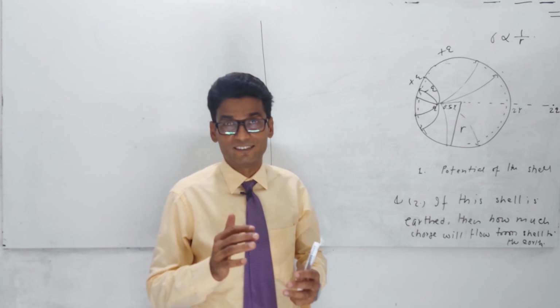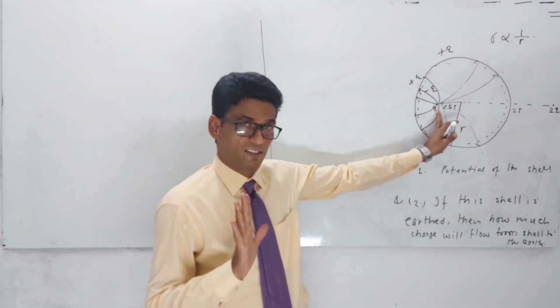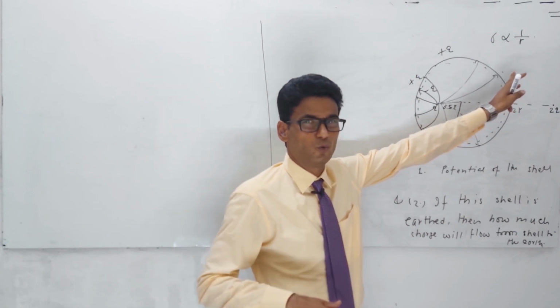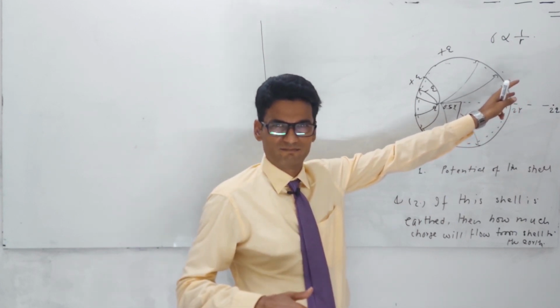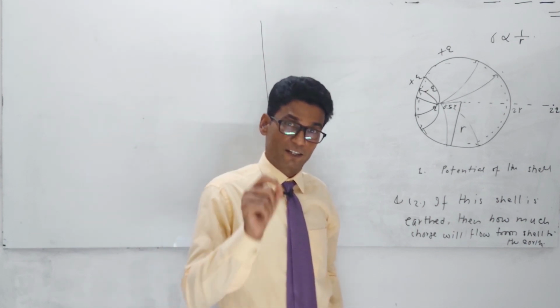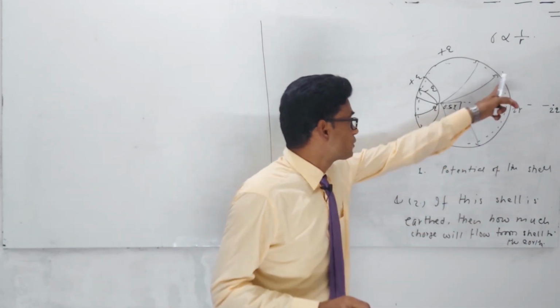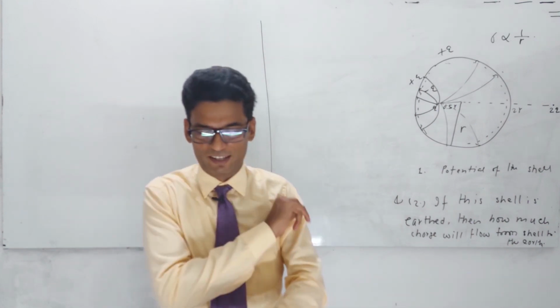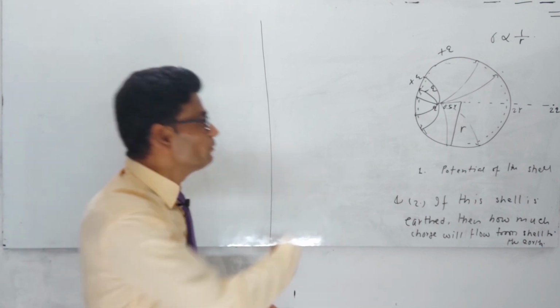So, keep in mind, no contribution of this. There is no field of these two charges inside, so no work to do to bring a unit positive charge from the surface to the center. That is why no work is done.